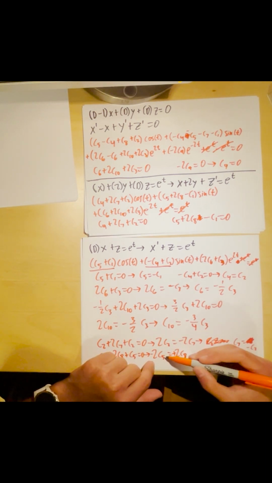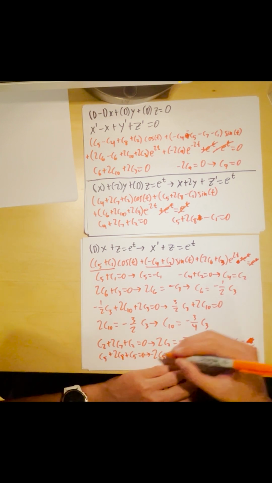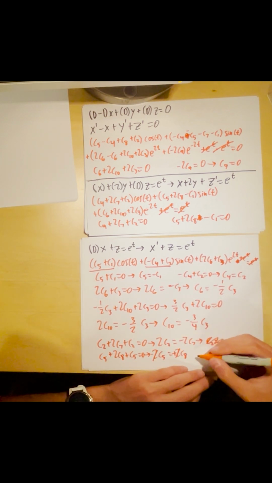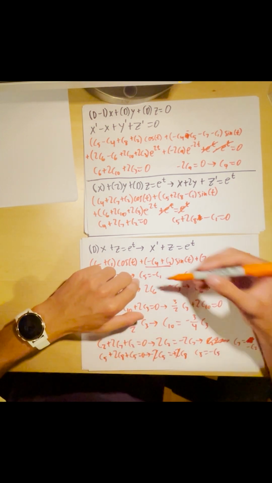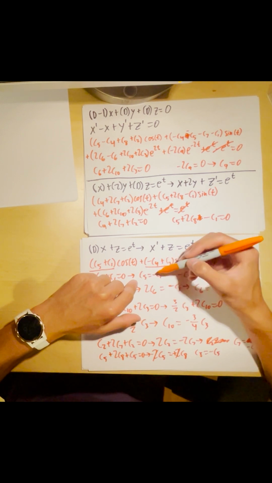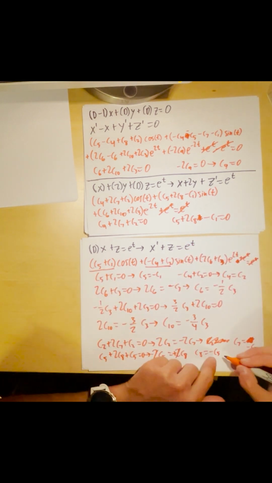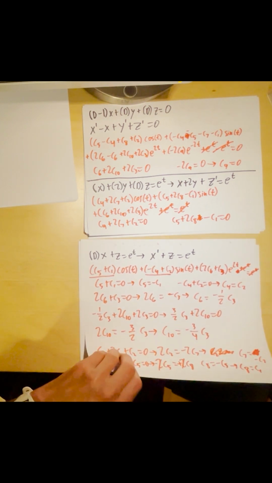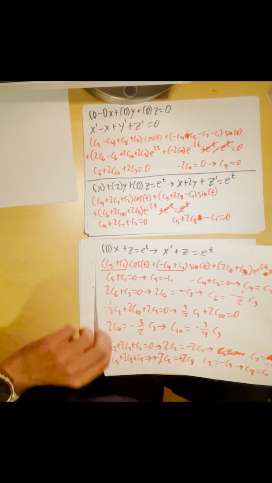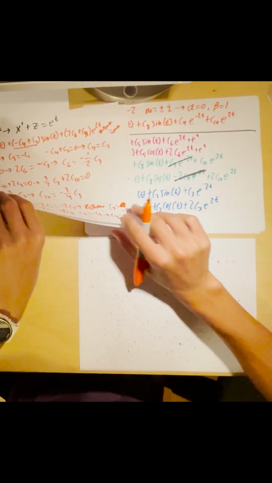Divide to cancel these 2's first, and I have C8 equals negative C5. If we multiply negative 1 on each side, we get negative C5 equals C1. Or you can plug in negative C1 for C5. Either way, we get C8 equals C1. I have my relationships all on this page, so I'm going to leave it off to the side.